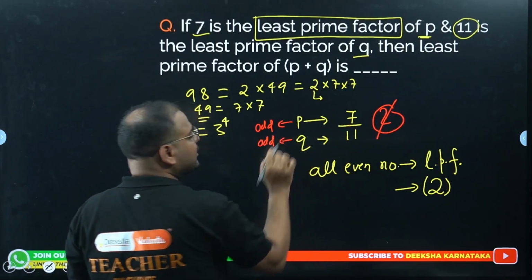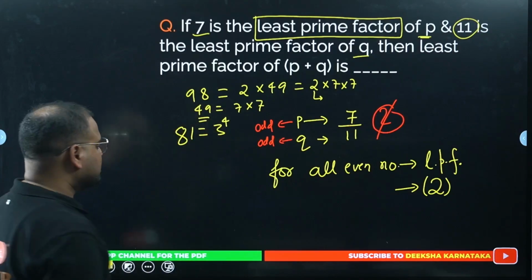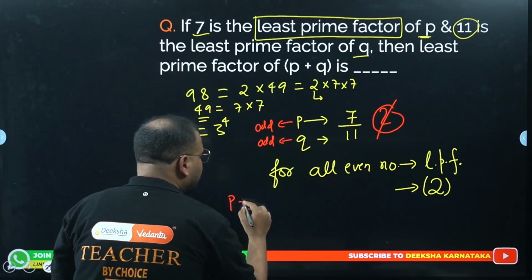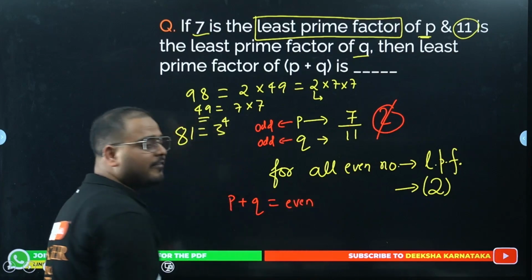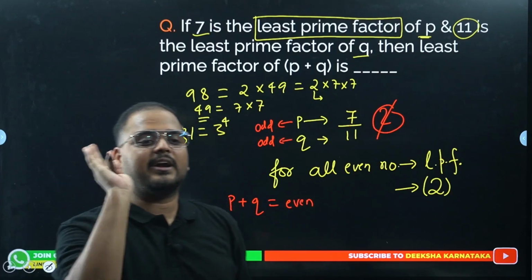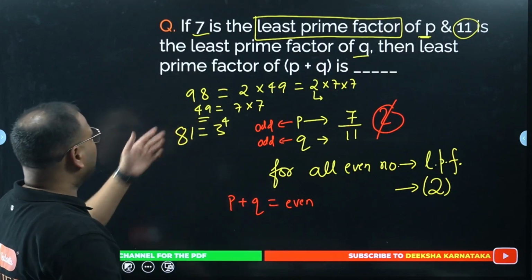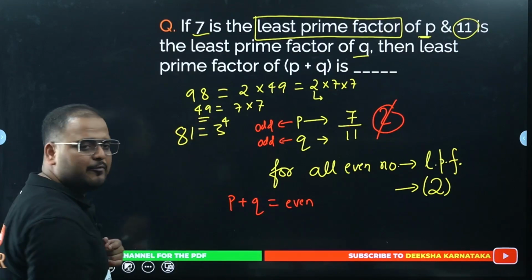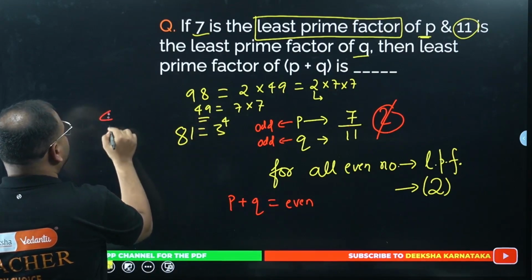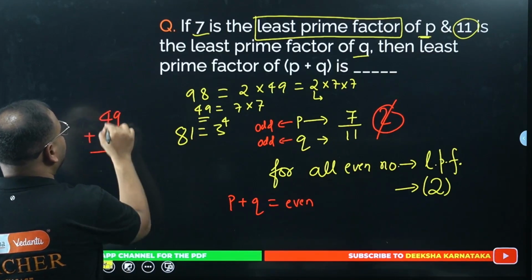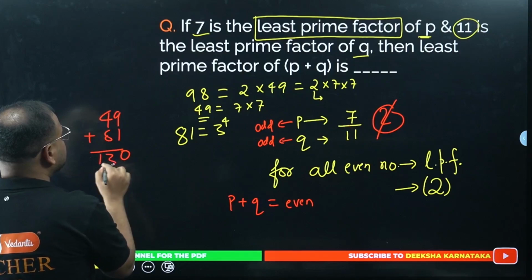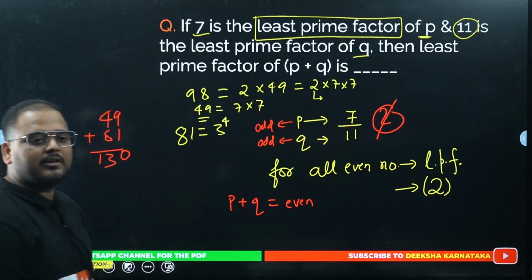Means both p and q are odd numbers. So p plus q would be even. For sum of any two odd numbers, we get an even number. Take, here only, you take 49 plus 81. 9 plus 1, 10. 8 plus 4, 12. 130 is the answer. Even or odd? Even.